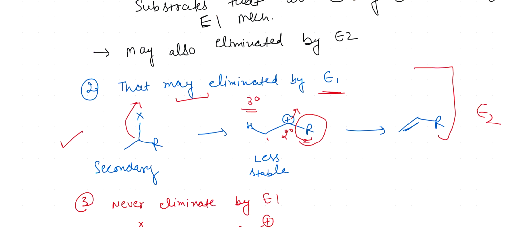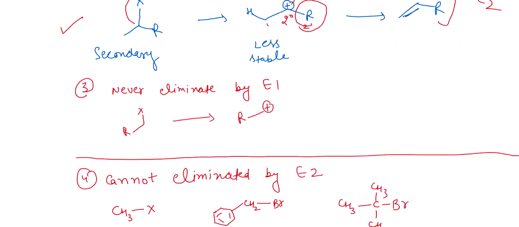Okay, so there are more examples which can never be eliminated by the E1 mechanism. If the halide group is removed from here, then this carbon acquires a positive charge. This is a primary carbocation.